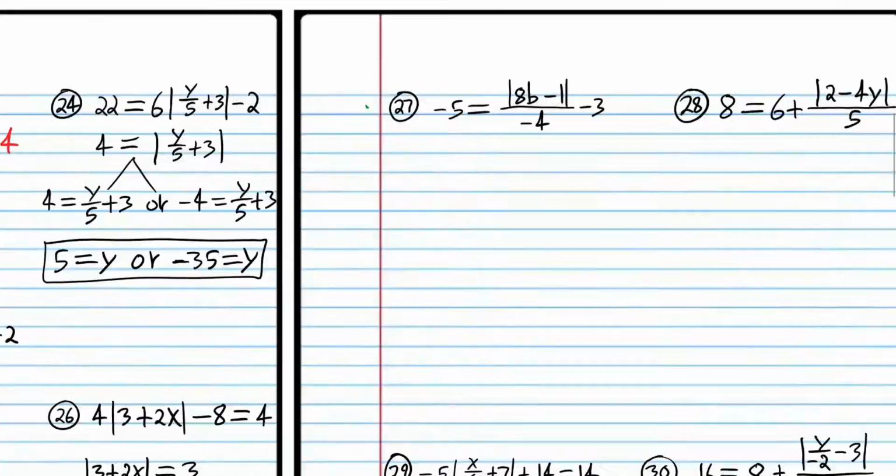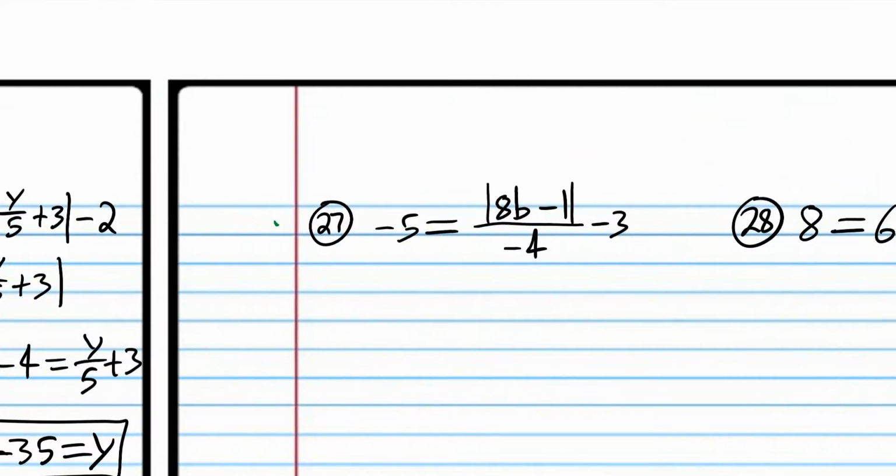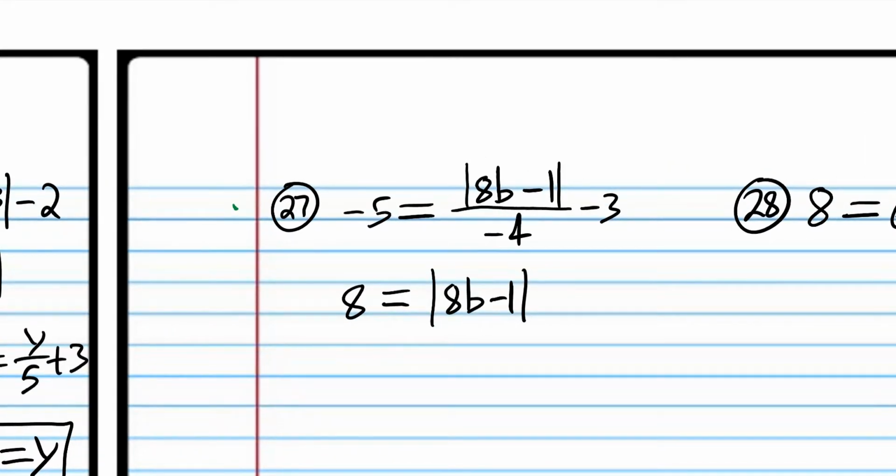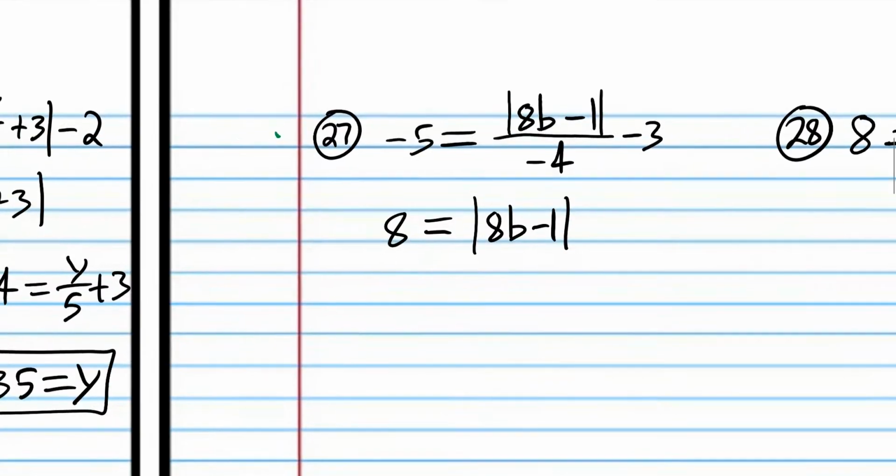All right, we're back. So add 3 to both sides, and then multiply both sides by 4, and you get 8 is equal to absolute value of 8b minus 1. And now that we've isolated the absolute value, we can separate.